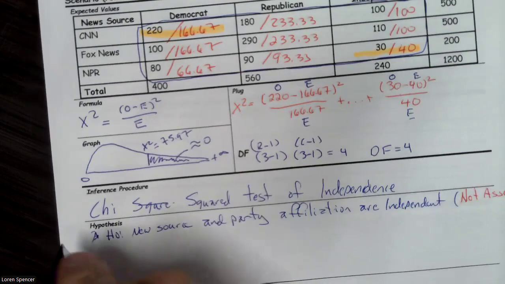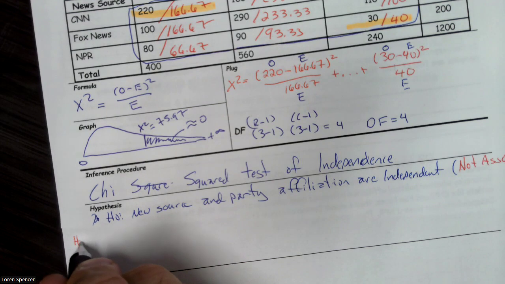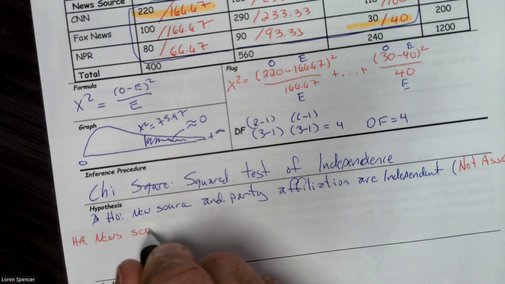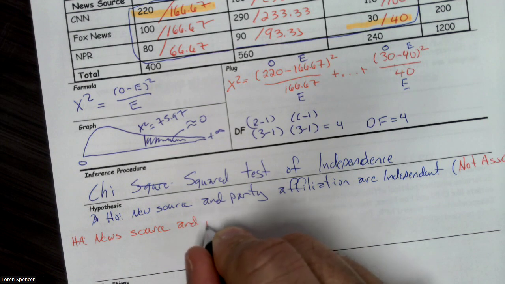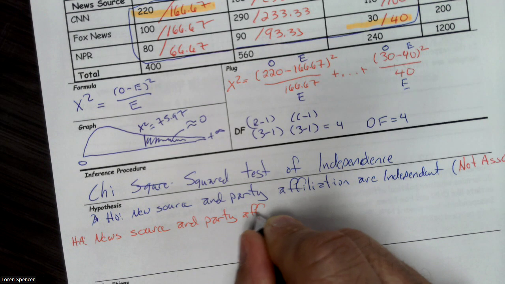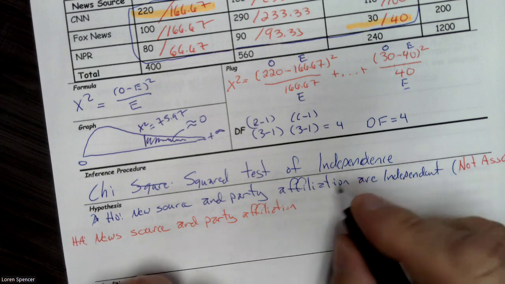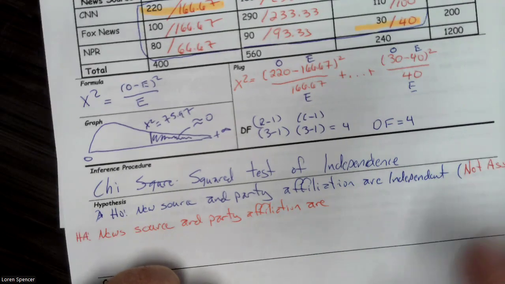The alternative is news source and party affiliation are, we're going to change it here, are not independent.